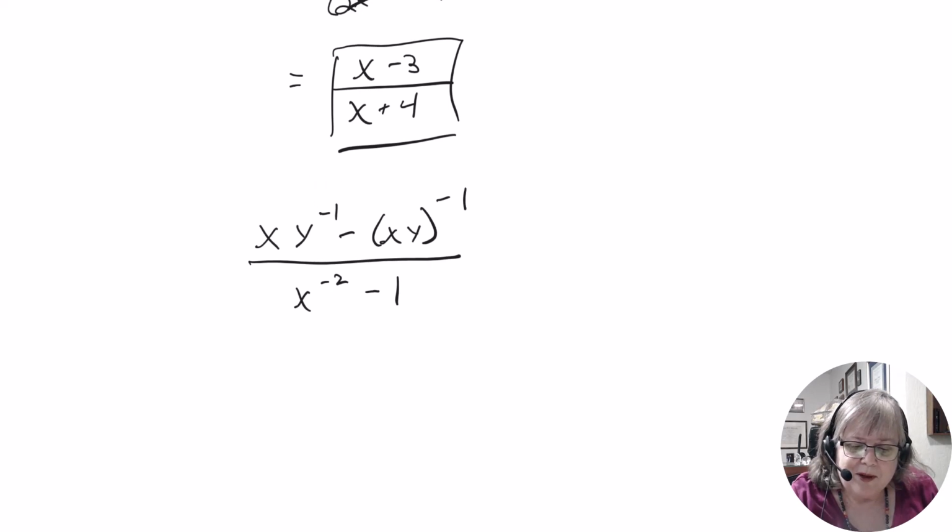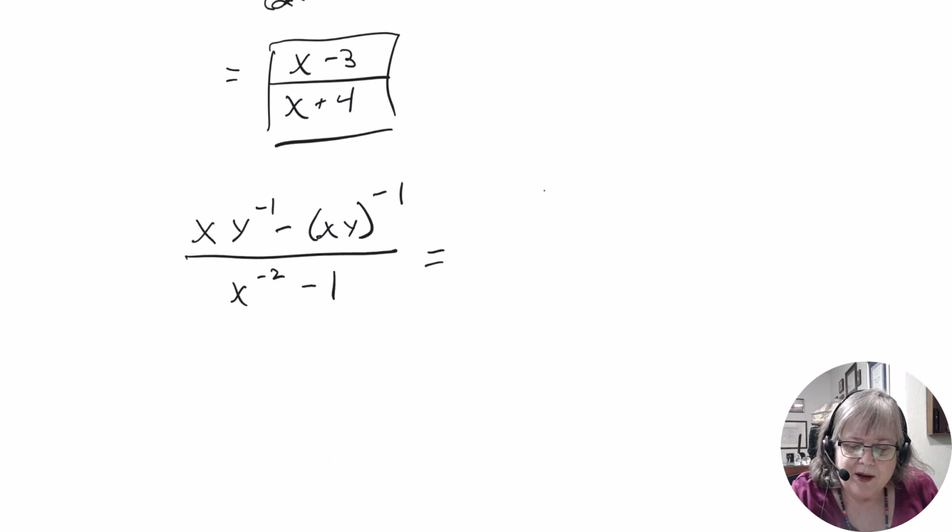This -1 right here applies to x and y because it has parentheses, and this -2 applies just to this x right here. So let's write this without negative exponents, and you'd have x over y minus 1 over xy, over 1 over x squared minus 1.